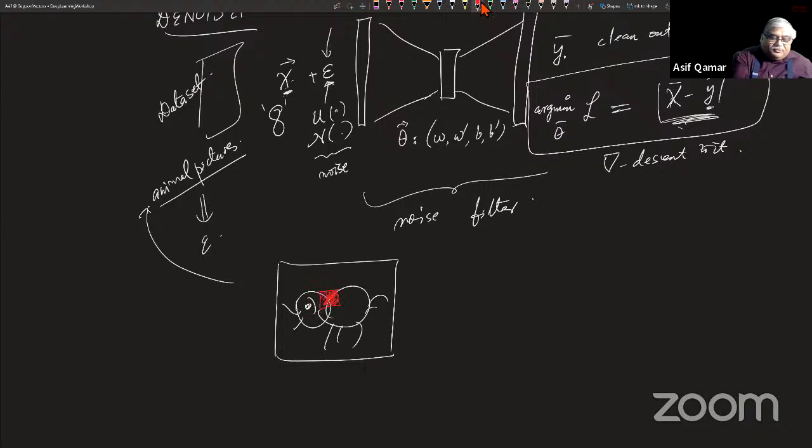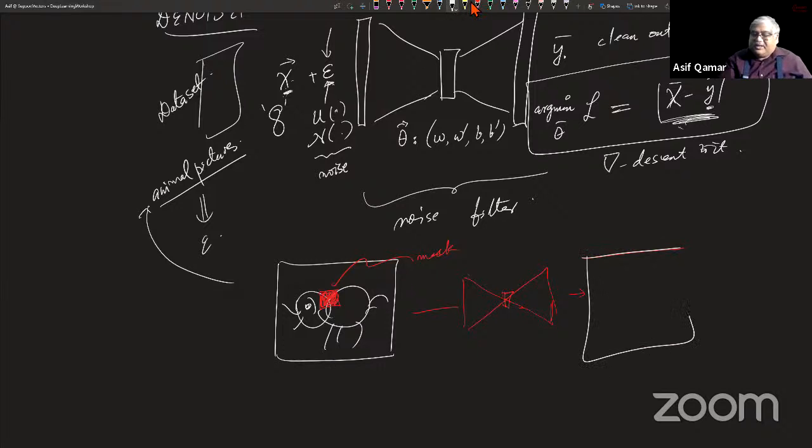You deliberately mask random samples of the picture and pass it through this autoencoder, and what you expect is that it discovers the picture without the mask. So this is a picture with a random mask, and this is literally fill in the gaps.